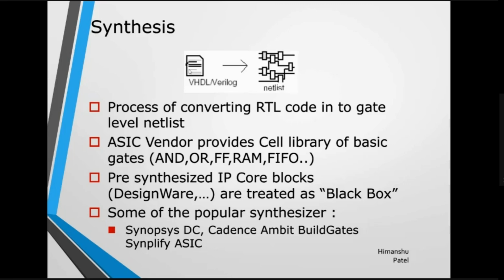Remember that they have to synthesize it first to proceed to the next stages. The entire physical design flow is done on a gate level netlist, because they have to do a physical layout. Physical layout is done only on proper gates.